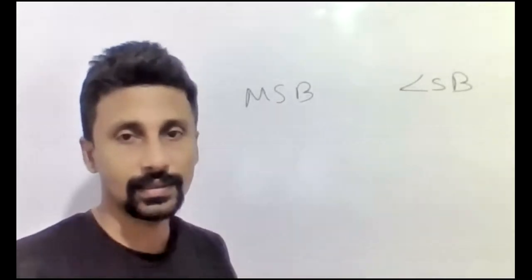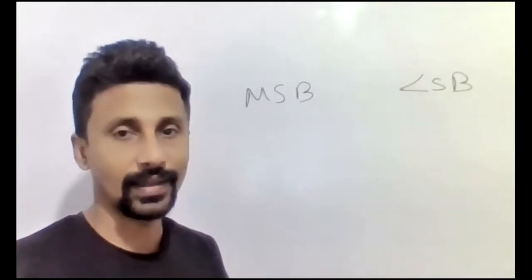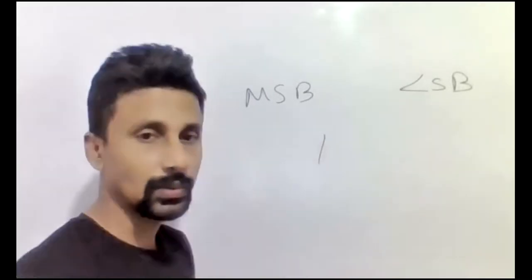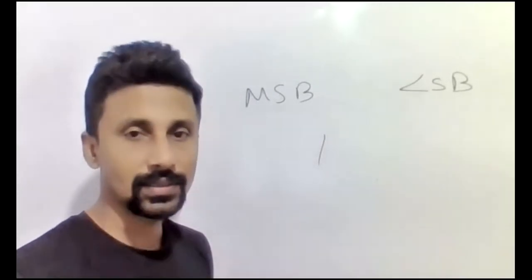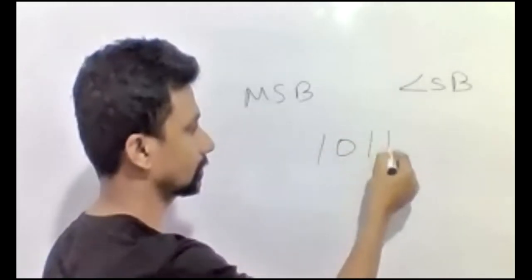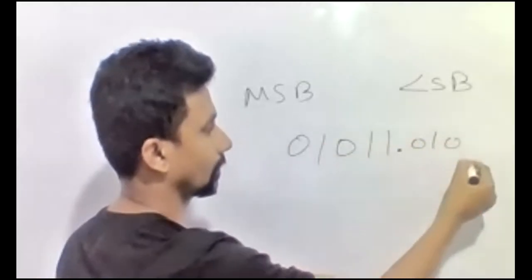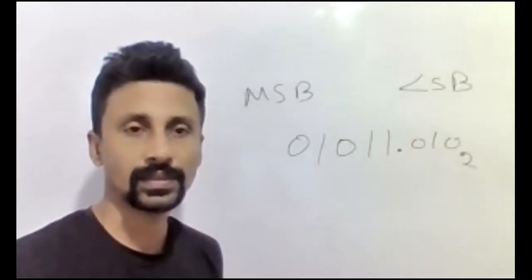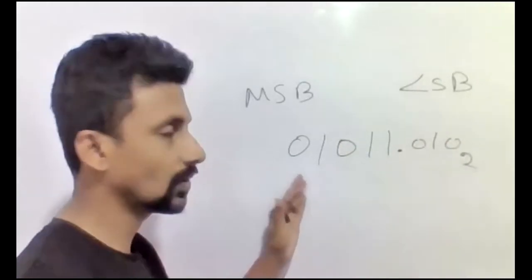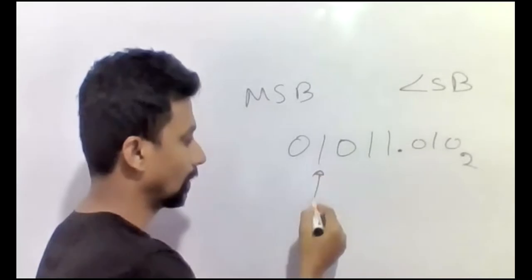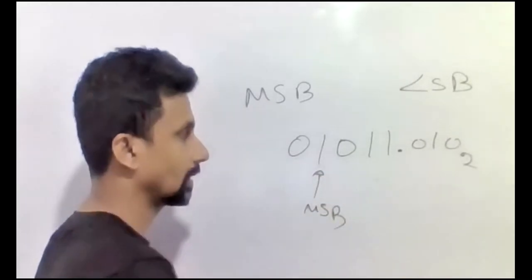We haven't talked about binary yet. But binary values, as I told you, you are getting ones and zeros. The same rule we have to apply: the non-zero first value is the most significant bit.